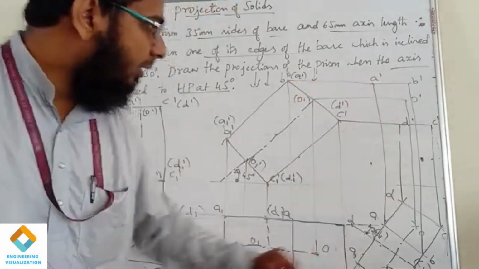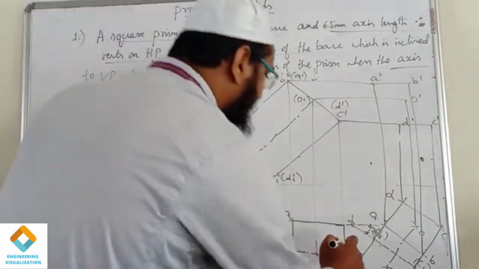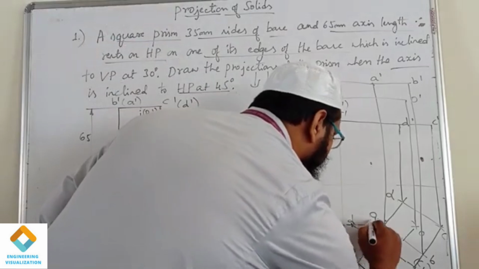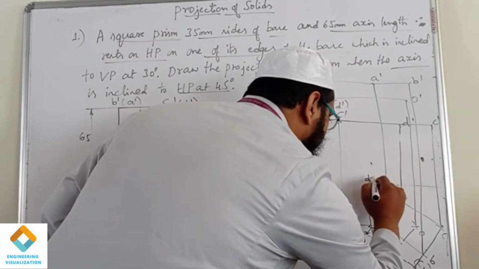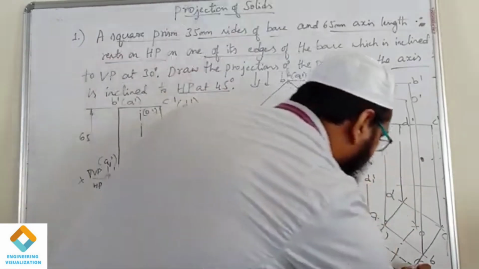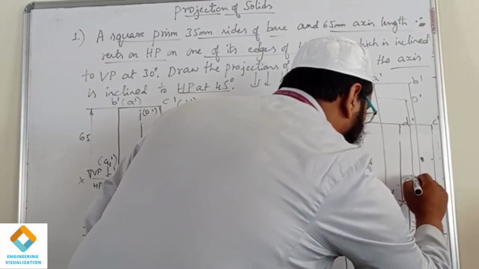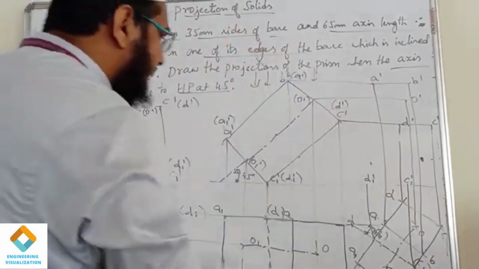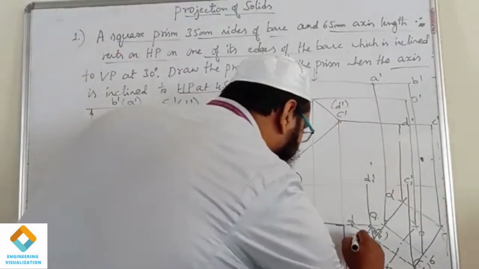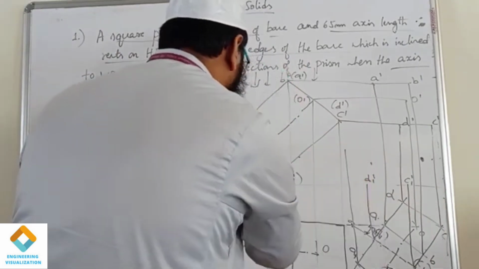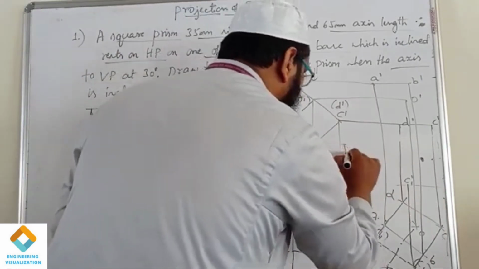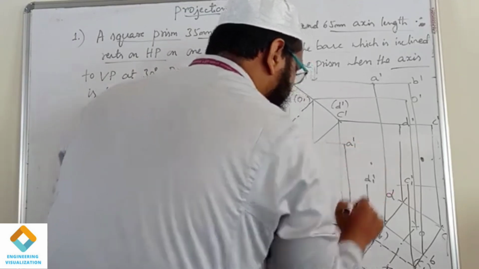Similarly, now we see the bottom face. Here the bottom face we have, this is D1. So here we have D1 dash. Similarly, this is C1 dash. And A1 is here. We are getting this A1 dash here.